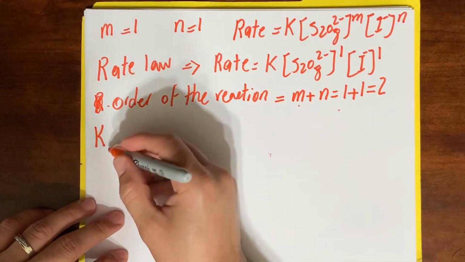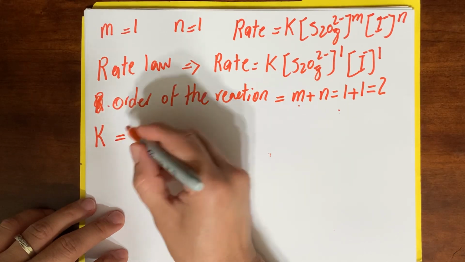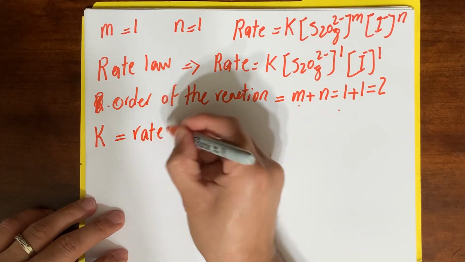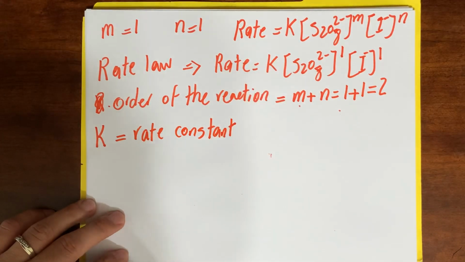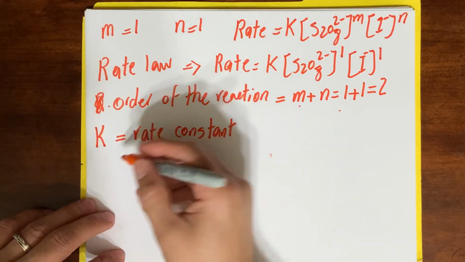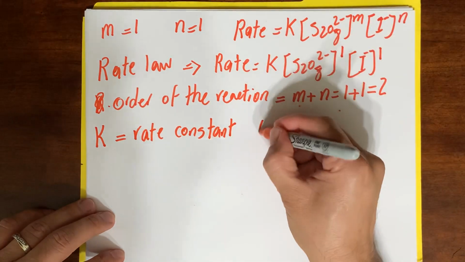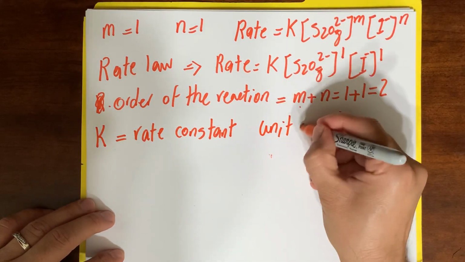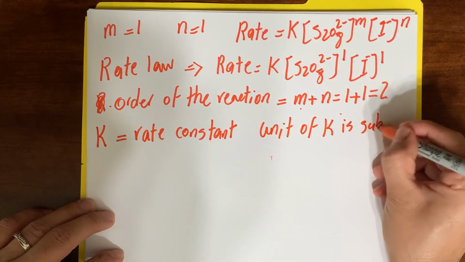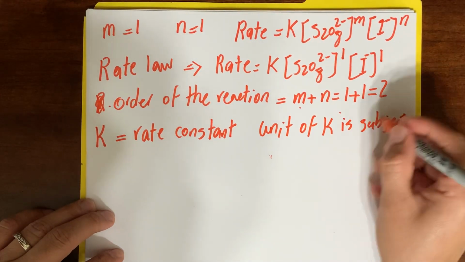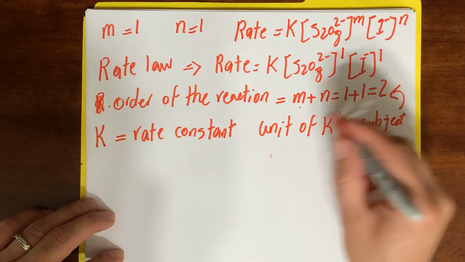So here we're talking about k, and k is a rate constant. And the unit for k is subject to the order of the reaction.